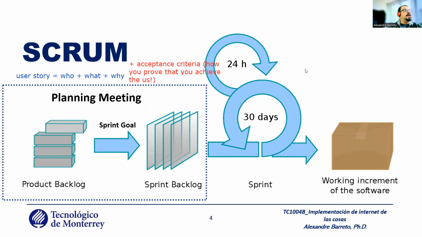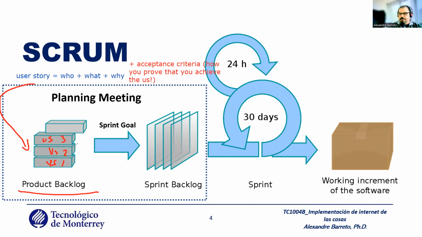And the list of user stories that you develop, you save in the product backlog. The product backlog is a list of user stories. User story 1, user story 2, user story 3, and so on.